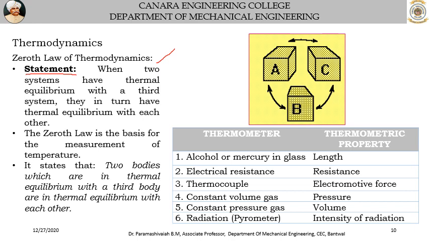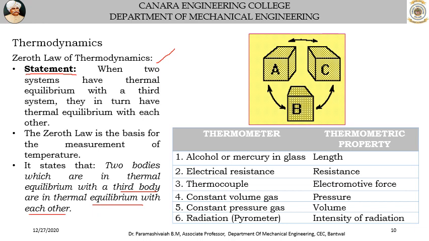A and B are in thermal equilibrium, B and C are in thermal equilibrium. Then naturally A and C are also in thermal equilibrium. That is the explanation for the zeroth law. It states that two bodies which are in thermal equilibrium with a third body are in thermal equilibrium with each other. That is the statement.